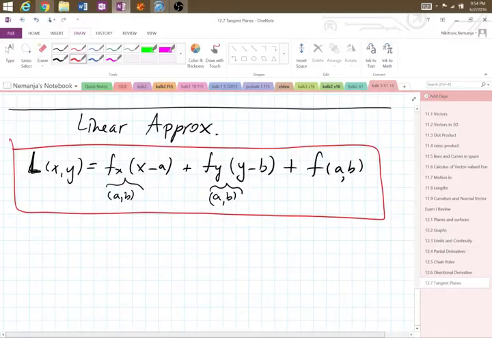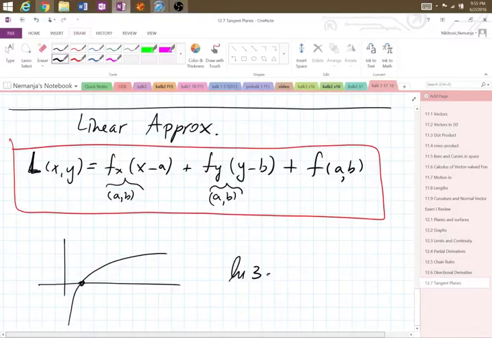So what is the whole idea? I'll explain through Calc 1, and then it's easy to understand Calc 3. Let's say you want to compute ln of 3. And you ask yourself, how much is ln of 3? Now, we always have to paint the scenery, right?